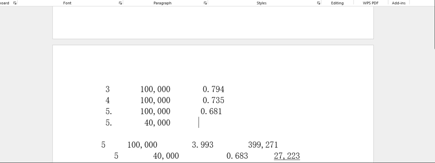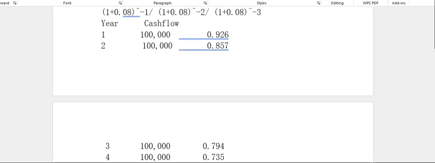Do we still need to get another discount factor for year 5? The answer is no. We have already gotten for year 5, 0.681. So now you are going to multiply all of these variables by their item of cash flow.